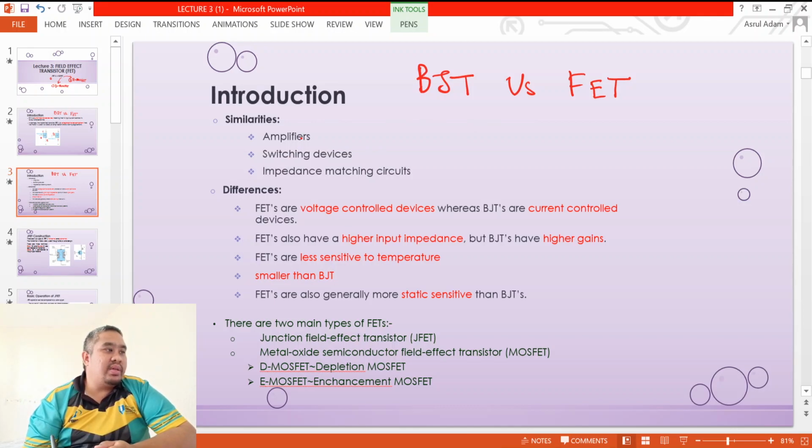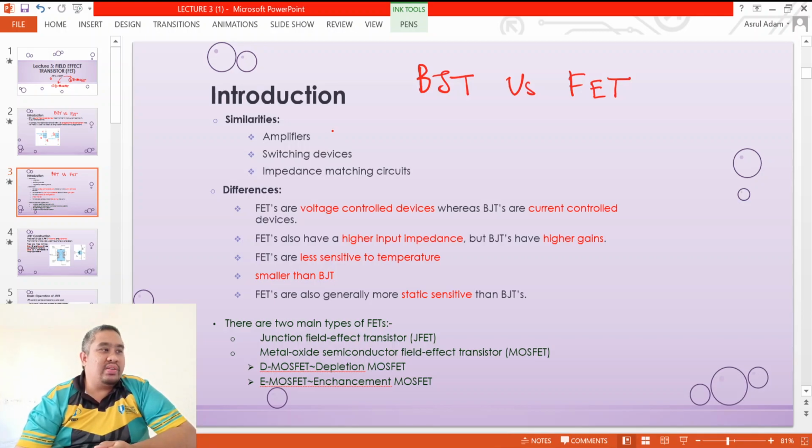BJT can be used as amplifiers, switching devices, and impedance matching circuits, and FET can also be used as amplifiers, switching devices, and impedance matching circuits. That is the similarity between BJT and FET.